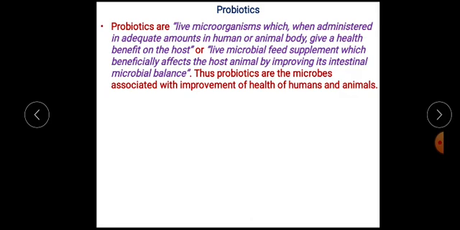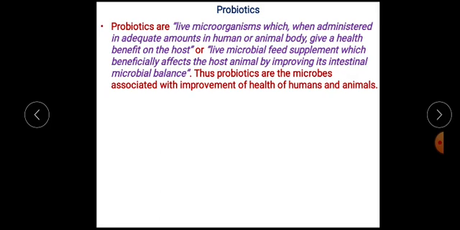Or another definition is live microbial feed supplement which beneficially affects the host animal by improving its intestinal microbial balance.